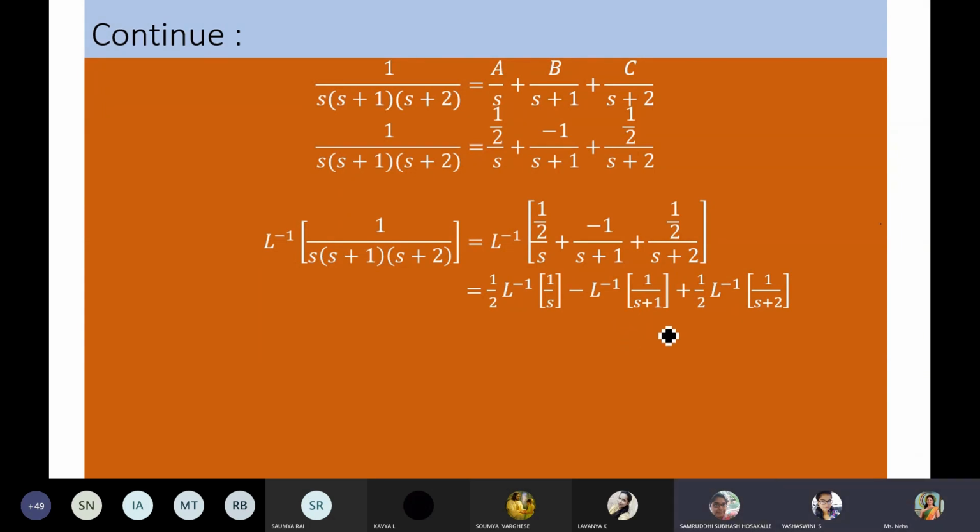And 1 by s plus 2? E to the power of minus 2t. Very good. So your final answer is 1 by 2 minus e to the power of minus t plus 1 by 2 into e to the power of minus 2t. So what you have to do here is basically partial fraction. If you know how to do the partial fraction, you will get the answer.